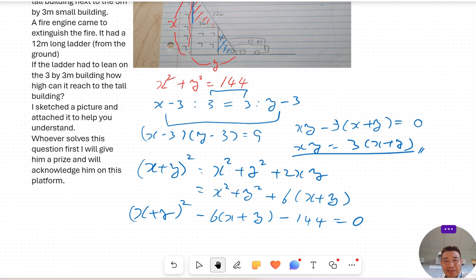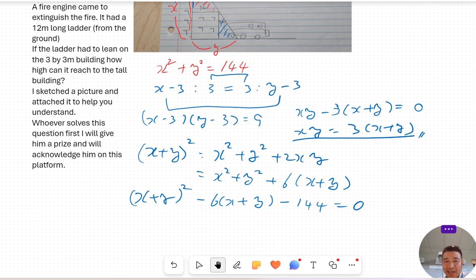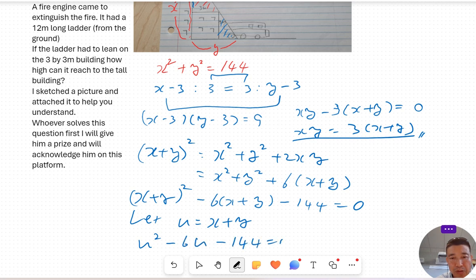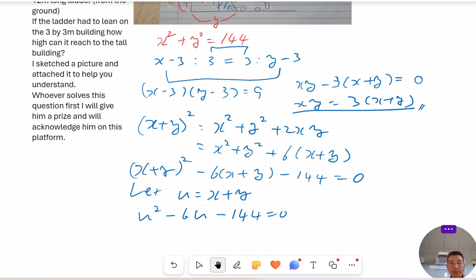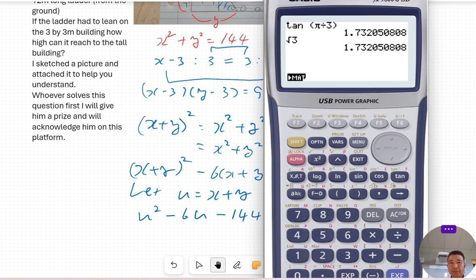If you are really smart, you see where I'm going. I'm making a quadratic equation, right? So let u be x plus y. So u squared minus 6u minus 144 equals 0. You could use completing the square or the quadratic formula to solve this, but I'm gonna use a calculator.